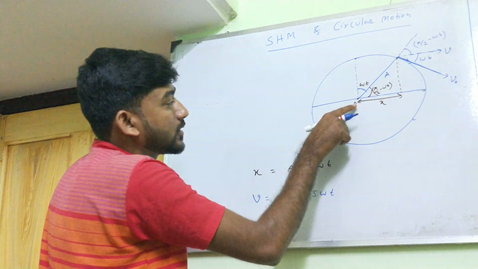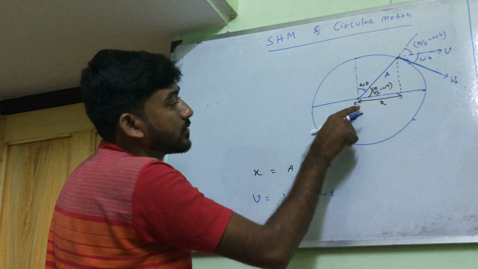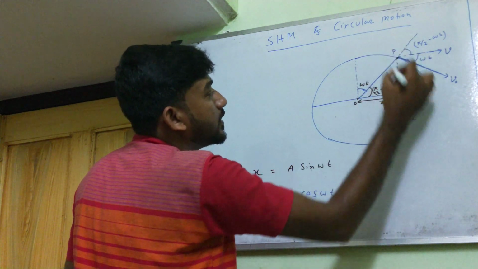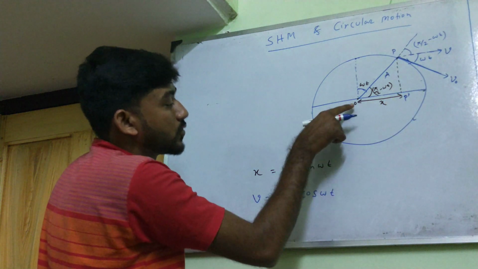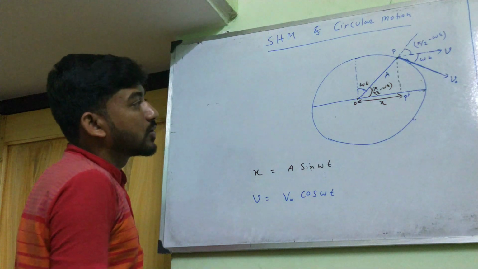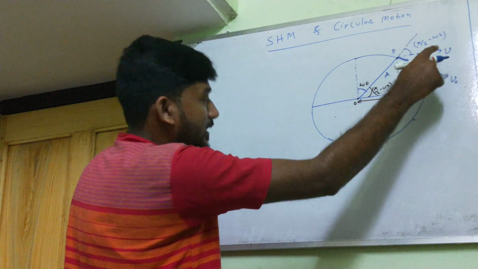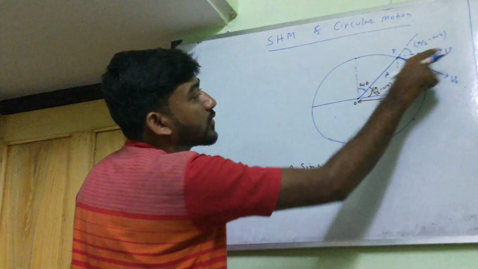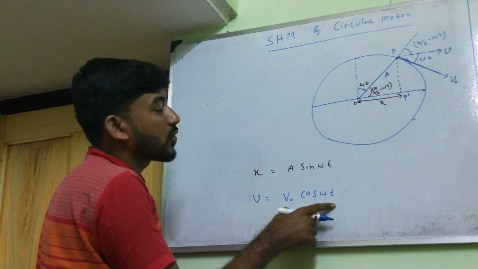And when the particle goes from this point, if we take it as p, to this point, then it will be p dash. So the direction of the velocity will be along the OP dash direction. Here we have taken the direction of V in this direction, and the component of this V0 along this direction is V0 cos omega t.